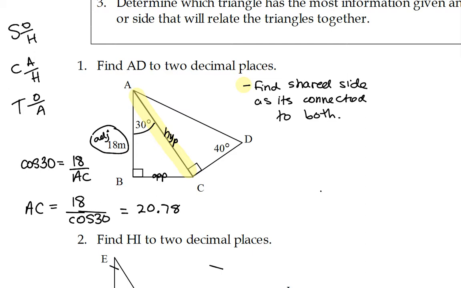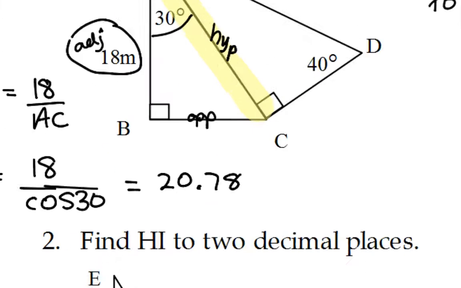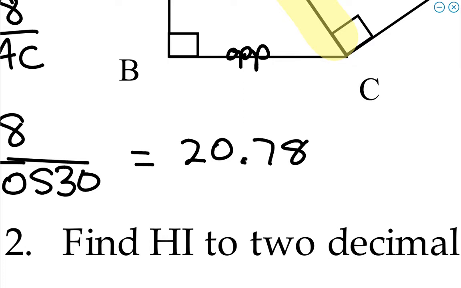A lot of people had trouble rounding on the quiz. If that was nearest tenth, what would you put? 20.8, because the second digit is bigger than 5. Do they teach rounding in junior high and elementary school? 5 or bigger, right? So because 8 is bigger than 5, you can go 20.8.